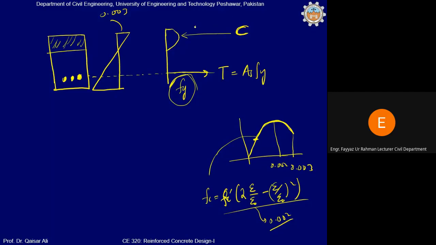Then using some other mathematical relations, you will calculate this distance, that is, how to calculate the centroid of this area, because the C will be resisted at the centroid. तो फिर centroid को किस तरह calculate करेंगे? So it becomes very difficult mathematically. बात समझ में आ रही है?